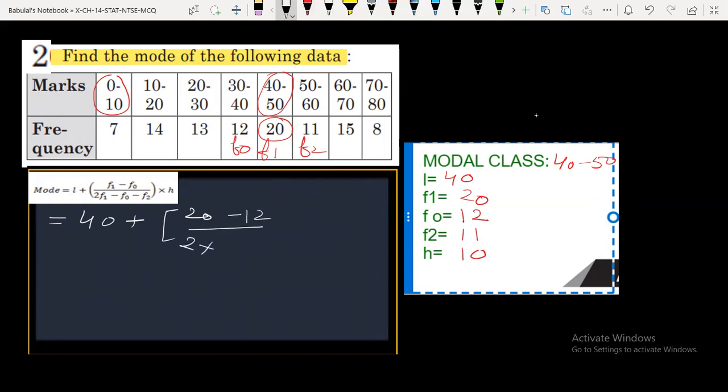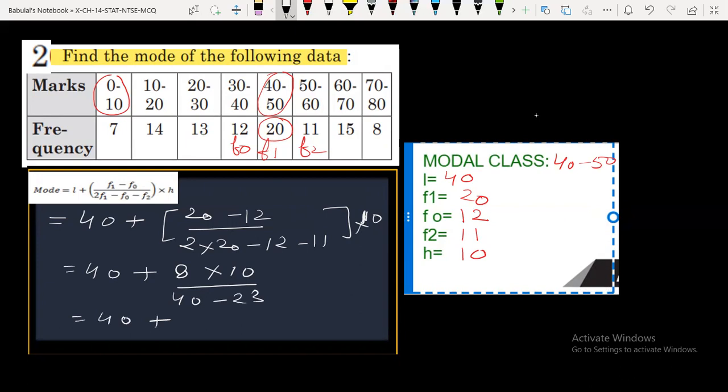Twice of F1 is 2 into 20 minus 12 minus 11 bracket close into what is the class size 10. Please you multiply yourself. 20 minus 12, that is 8 into 10 divided by 40 minus 23.